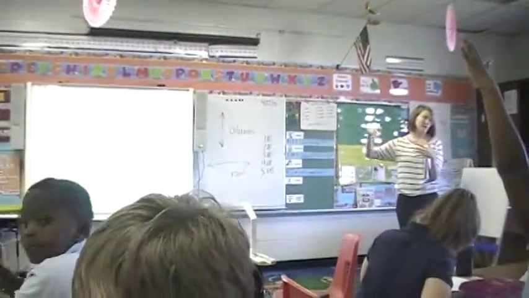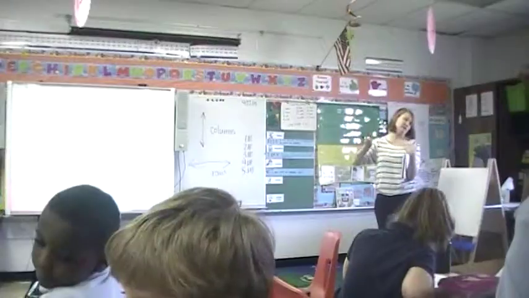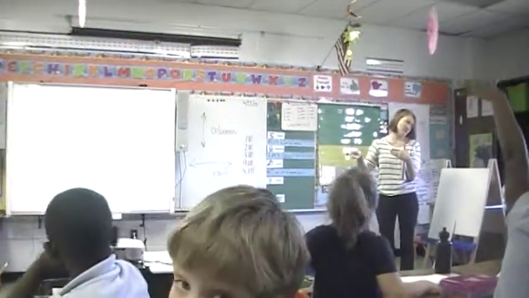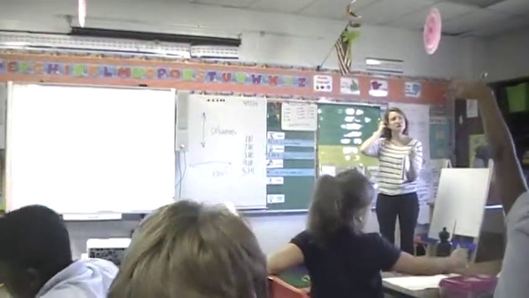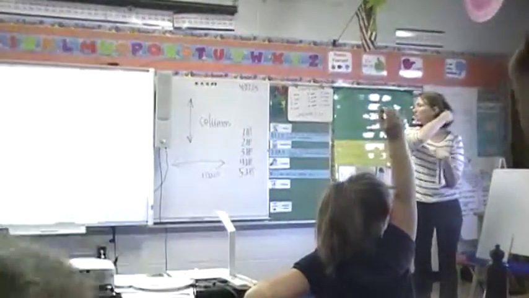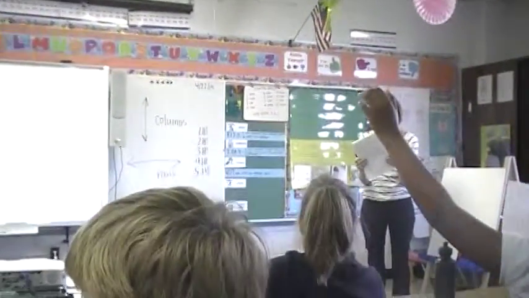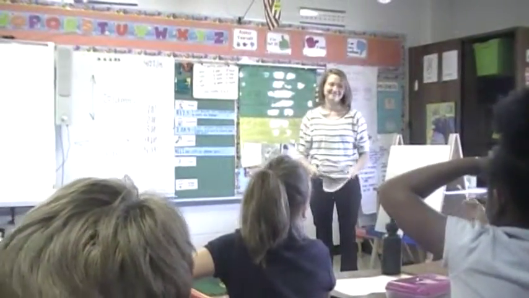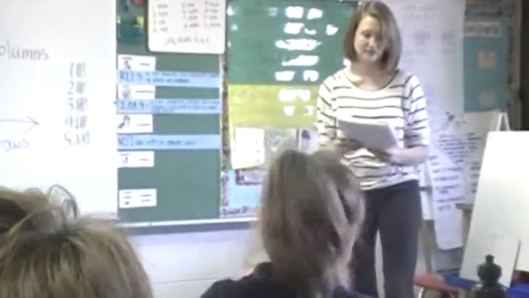Okay, so you just counted them up like that. You did 4 plus 4, and then you got that answer, and you added 4 more. Okay, Evie. On the other side, I did 8 plus 4, I counted by 4.